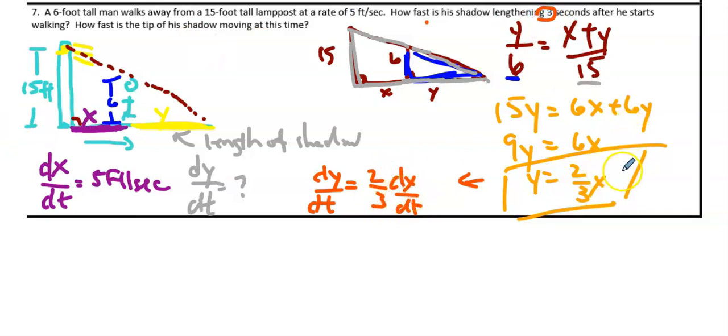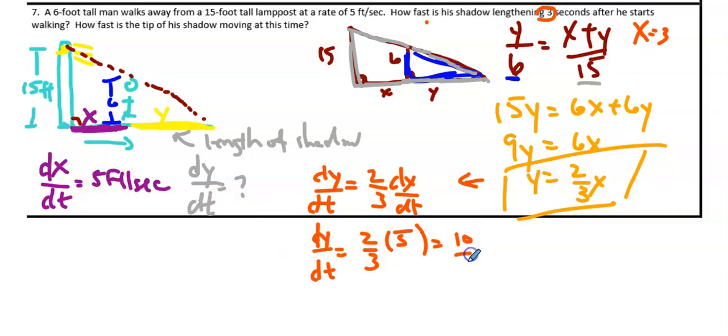If this had been an x squared or something like that, then I would plug 3 in for x. But because of this problem, there's no x to plug into, so we don't need it here. So it could be 3 seconds, it could be 15 seconds, it doesn't matter. The change in x is 5, and so this answer is going to be 10/3.